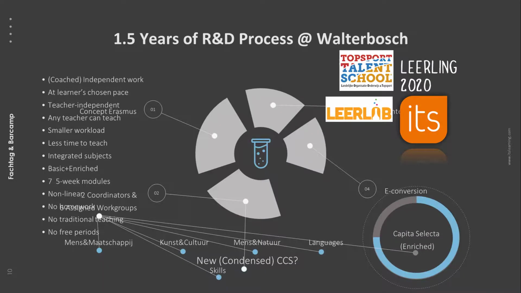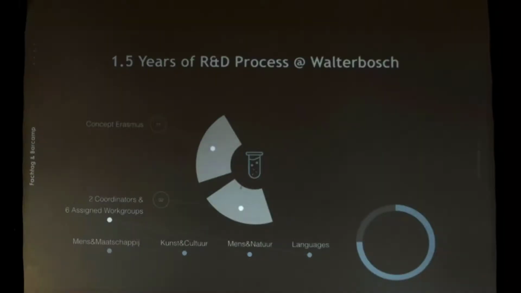Man and nature, you can imagine chemistry, biology, physics, of course. So these were mixed together. And then finally, all the languages were put together in a group. So Dutch, English, German, and French for us. And these were given the assignment to look at the core curriculum standards that were present. And they were told to select the ones that were proper and that they wanted to include in their new subjects.